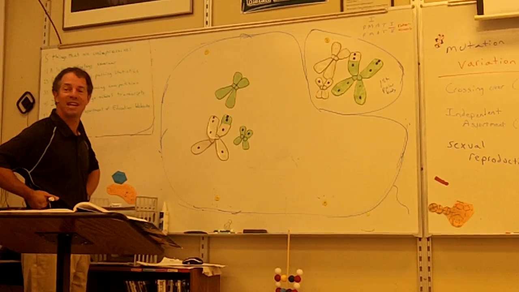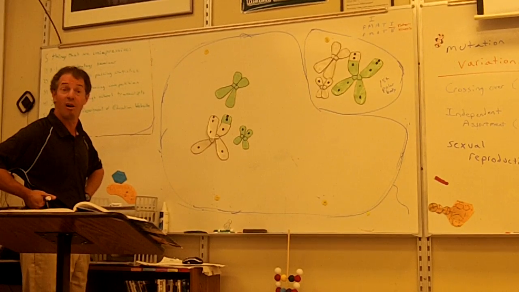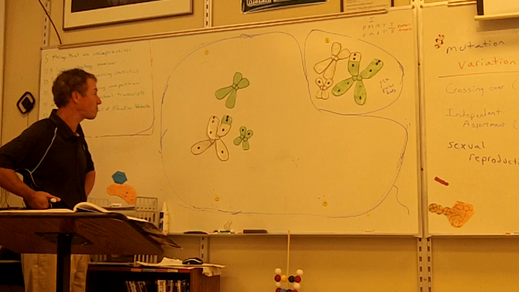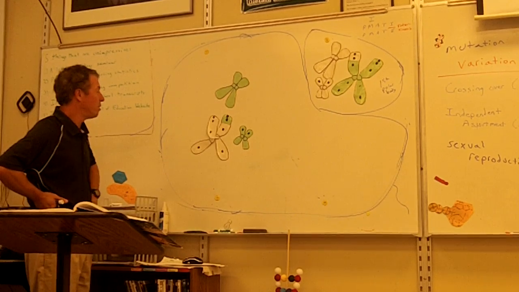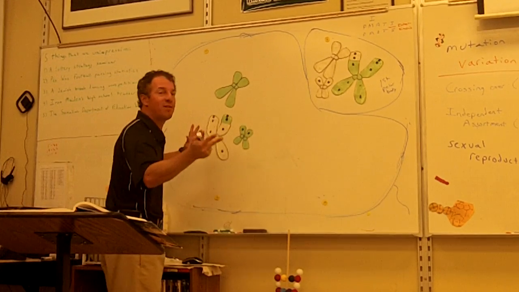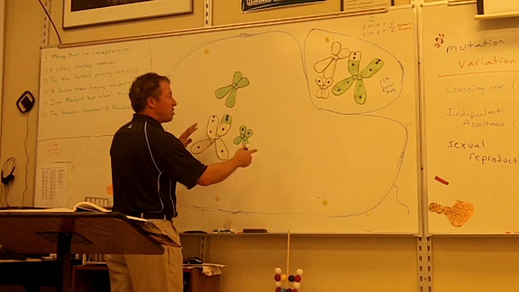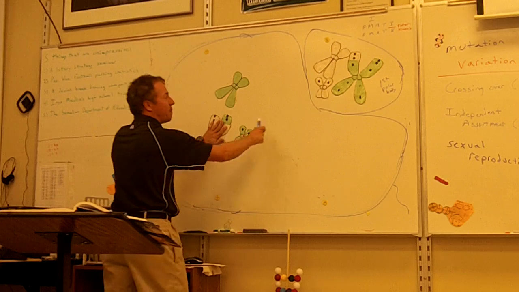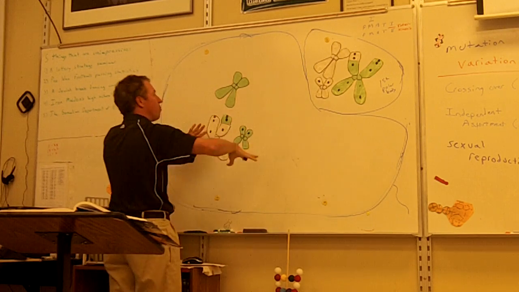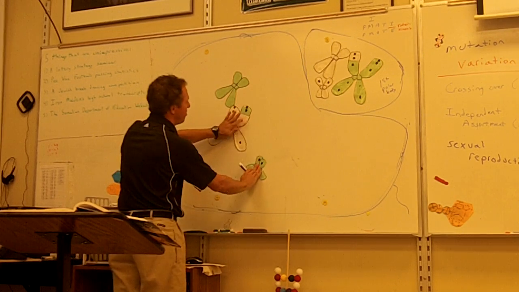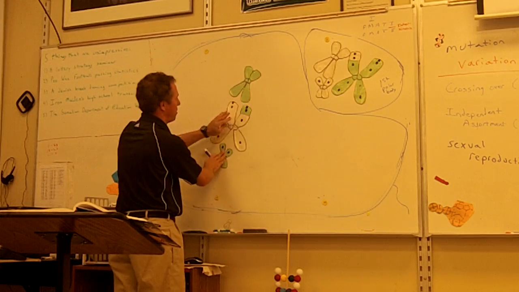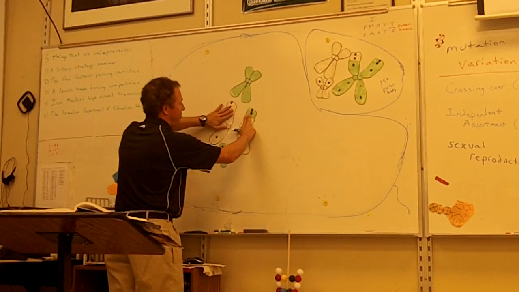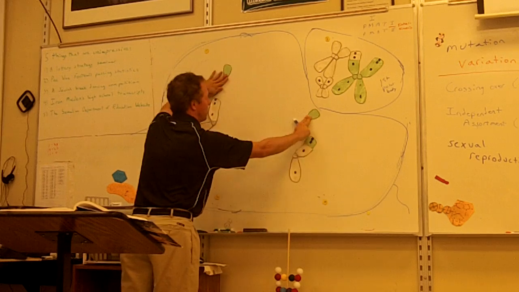Remember, these cells aren't thinking things. They've evolved to do it this way. So we go through a second set of division, which is called meiosis 2, in which these cells divide up. And this one's already dead, so let's not even worry about that. And this second one will divide up like this and divide its chromosomes.